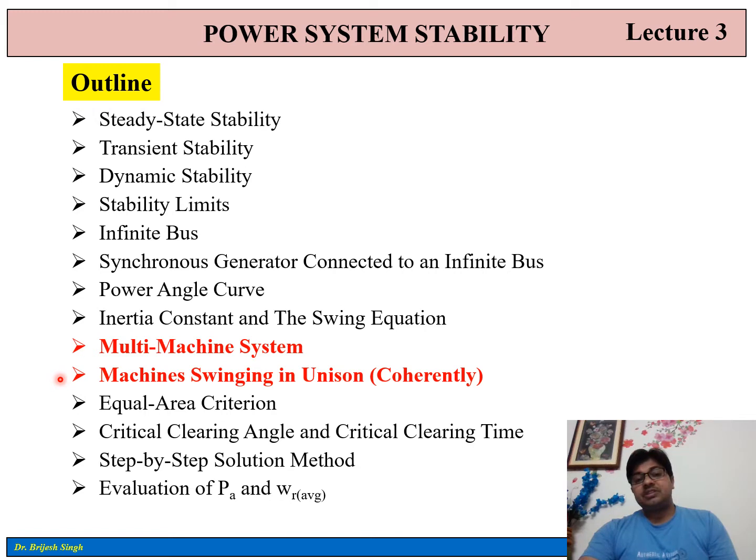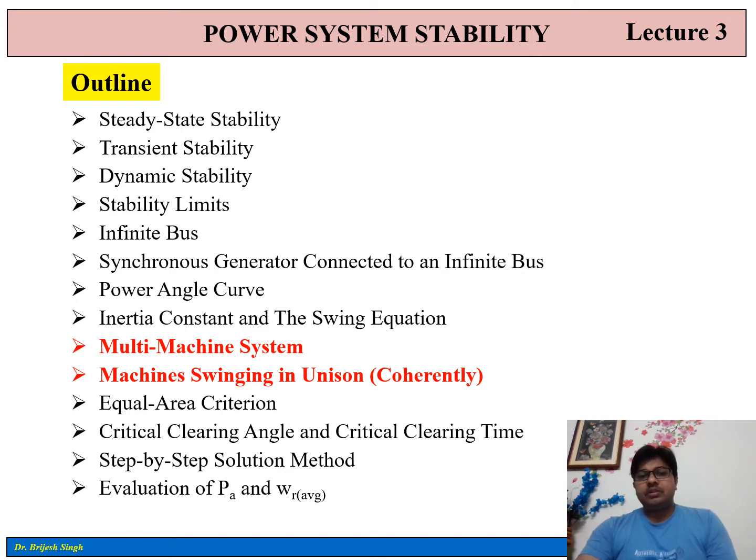And the second point, machine swing in unison. As we know, there are a number of machines connected with a grid. So if all the machines are swinging in uniformity, or together coherently, because of any disturbance, then how can we analyze that situation in the network.